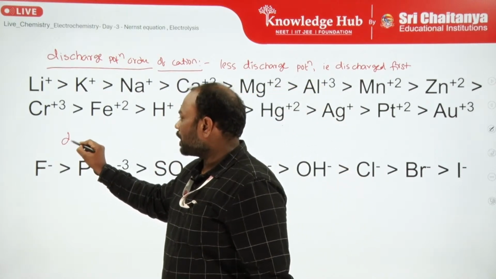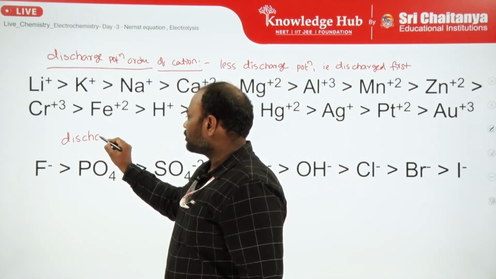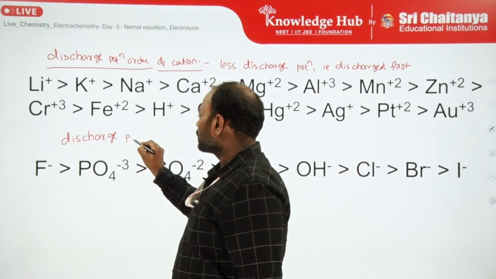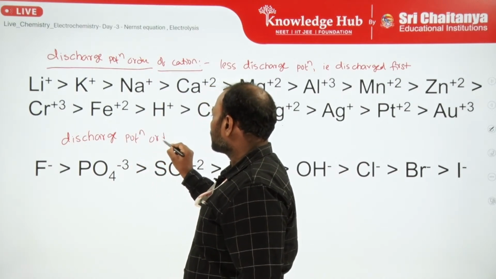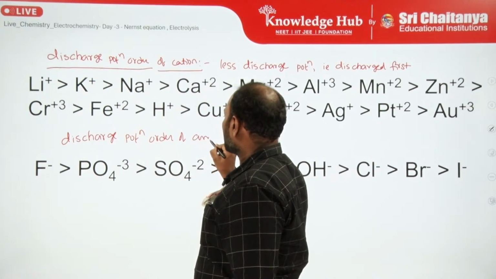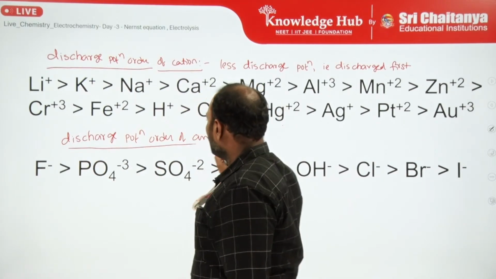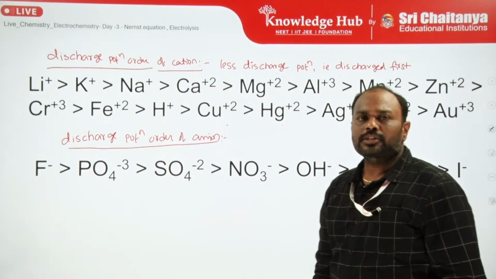This is the discharge potential order of anions. Here also, the same: the ion with low discharge potential is discharged first.